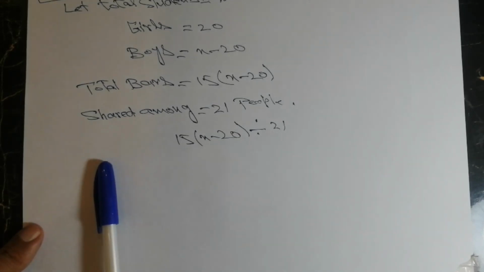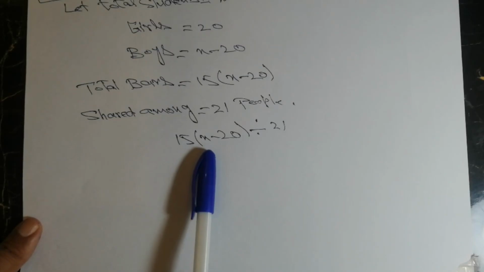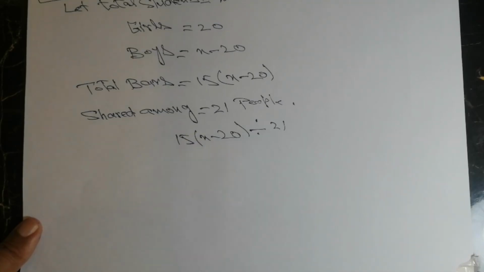Now for total students, the value of x is given between 30 and 40, but the exact number is not given. You need to check by putting different values between 30 and 40, like 31, 32 and 33. It should be a whole number.